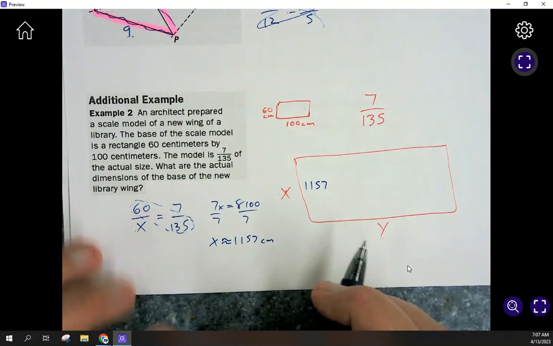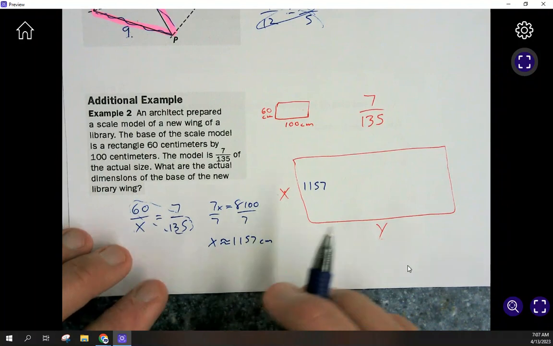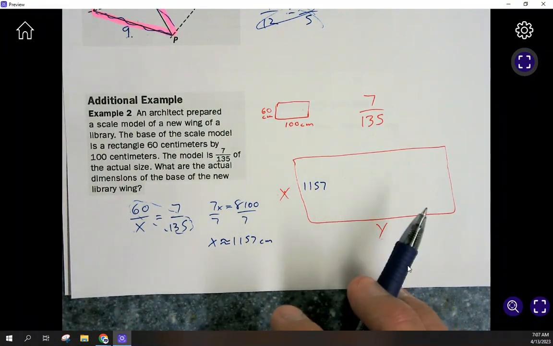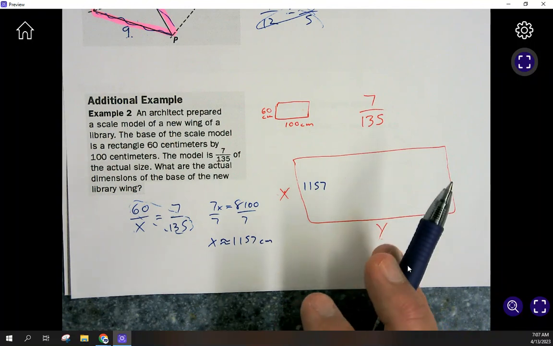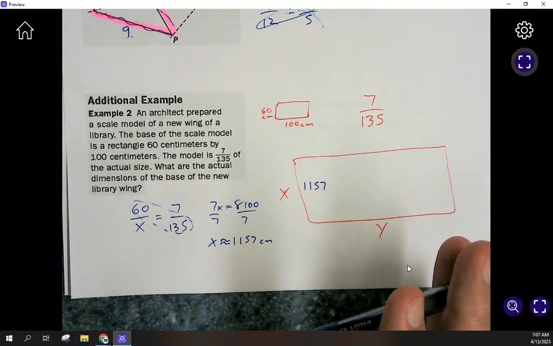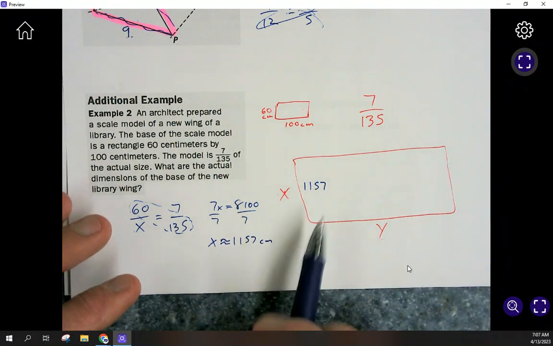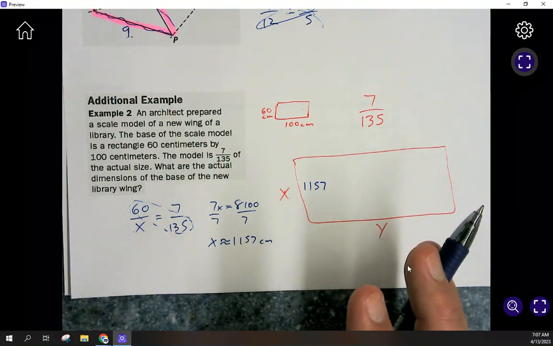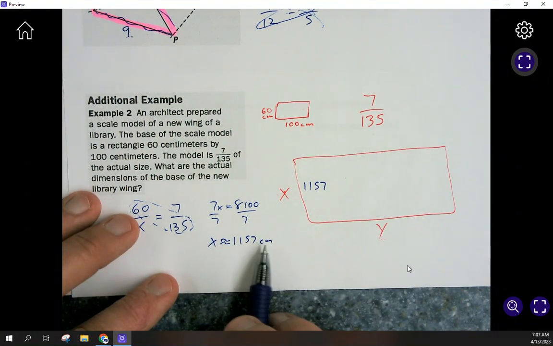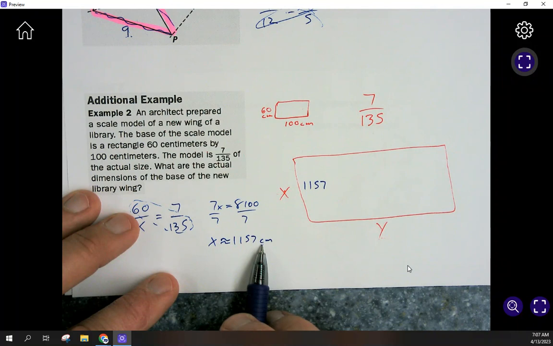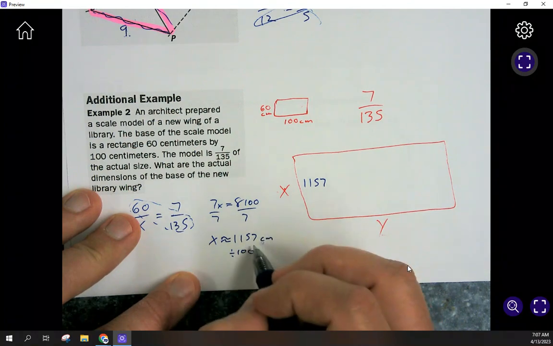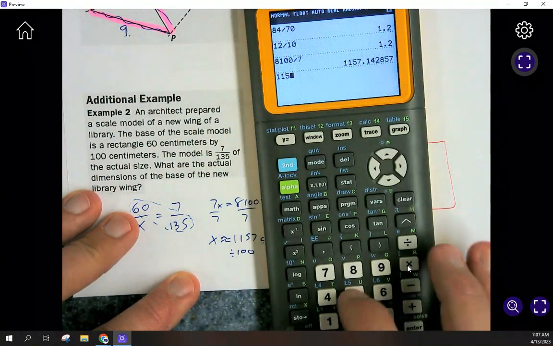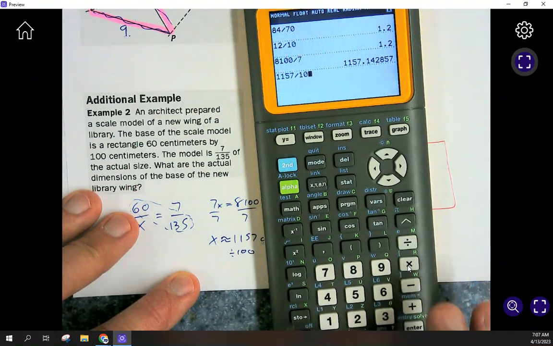Now, if I'm measuring the wing of a library, am I going to measure it in centimeters? No, probably not, right? That's kind of ridiculous. In America, we're going to measure things in feet. But if we're using metric system, it's going to be in meters. Okay. Centimeters, like a century is 100. A centimeter, there's 100 centimeters in a meter. So if I go ahead and divide this by 100, that's just going to move my decimal 2 spots.